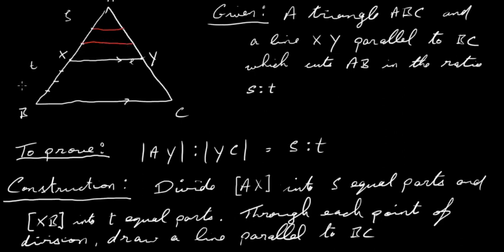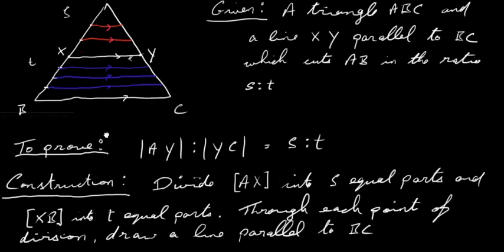All of these are parallel to BC, and we're going to do the same here. So we're going to draw a line across here, here, here. So all of these lines are parallel. Okay, that's our construction.